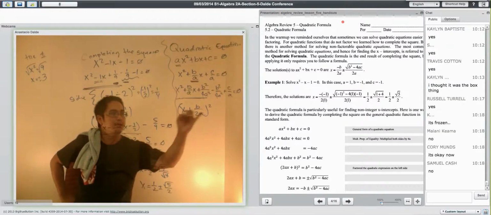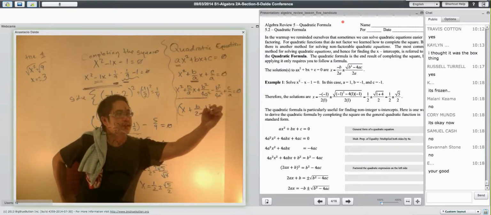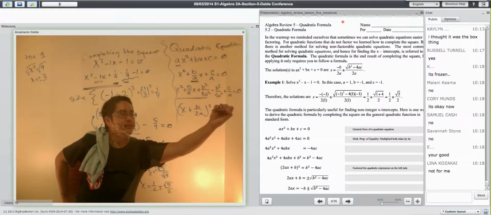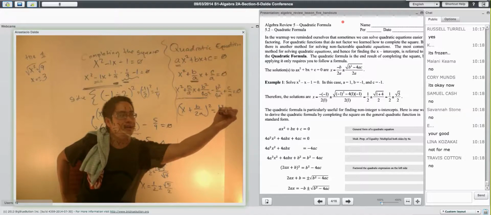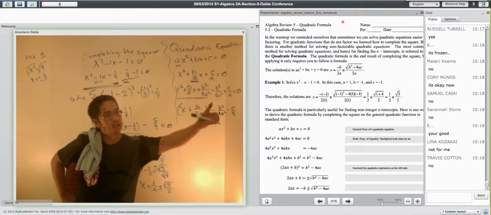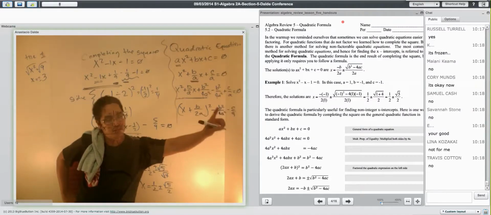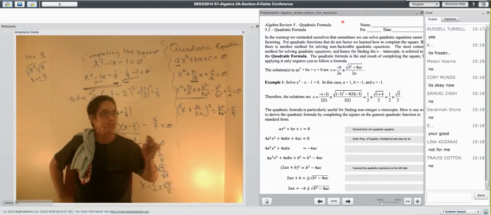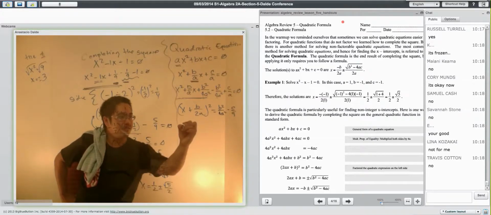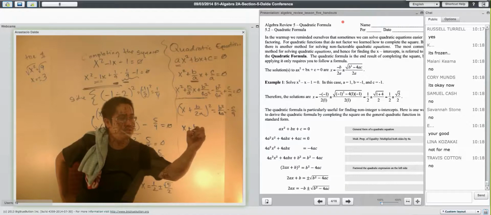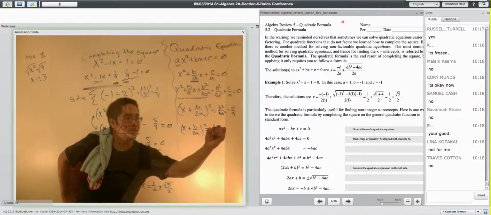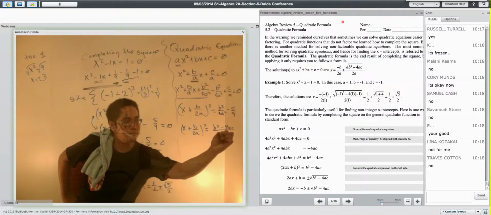All right. I'm going to take this over to the other side, so this is equal to b squared over 4a squared minus c over a. The reason why I switched the sign is because I threw it onto the right side. I'm going to combine these fractions. X plus b over 2a squared equals b squared minus 4ac all over 4a squared.